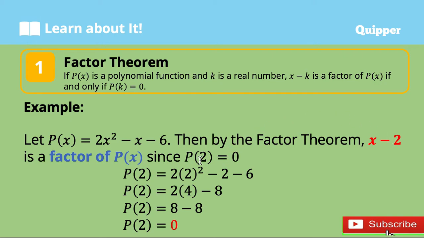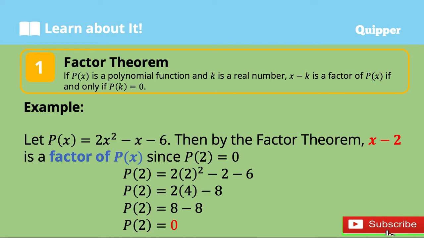The positive 2 here is coming from the divisor x minus 2. We just equate it to 0 so that we can get the value of x. x minus 2 is equal to 0, then transpose negative 2 to the other side, it becomes positive. So we have x is equal to positive 2.